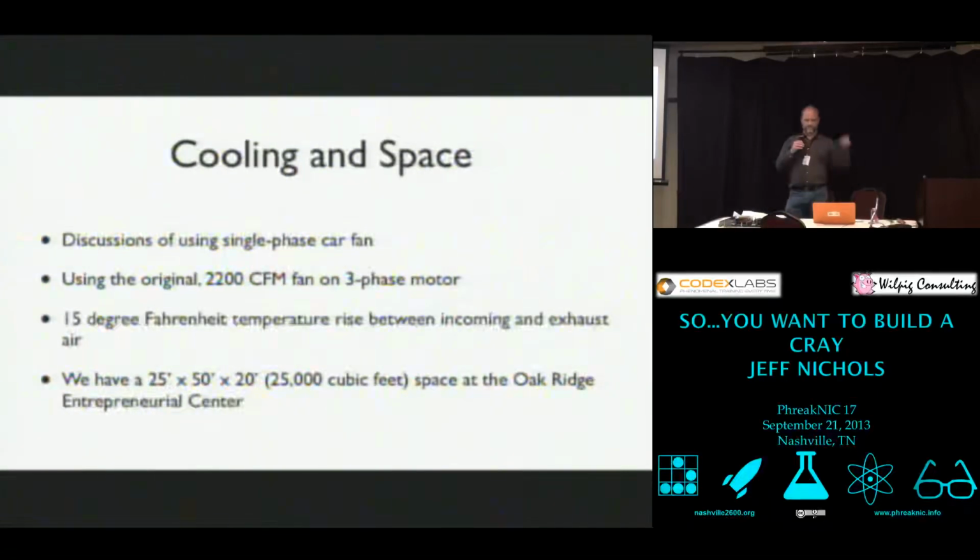There is a 15-degree Fahrenheit temperature rise between the incoming and the exhaust air. And so I multiplied out, well, we have 25,000 cubic feet space at the Oak Ridge Entrepreneurial Center where we're located, and so we can turn over all the air in the room and heat it up by 15 degrees in 12 minutes. All right.